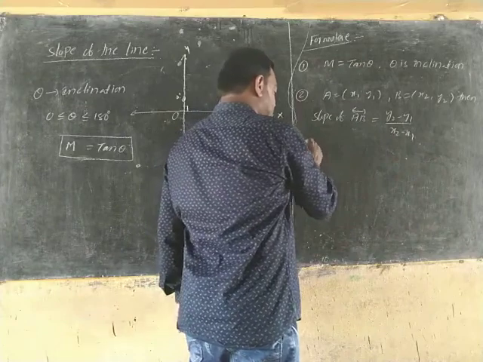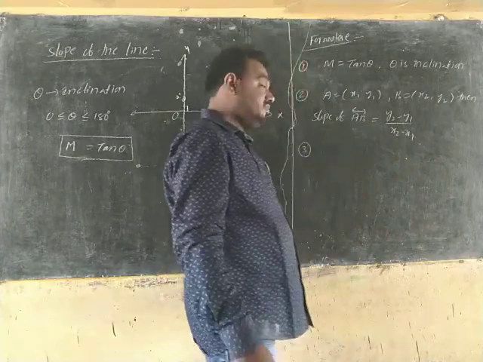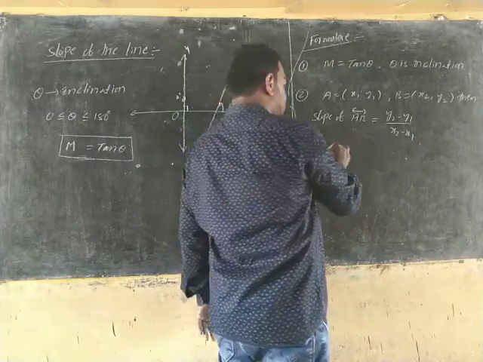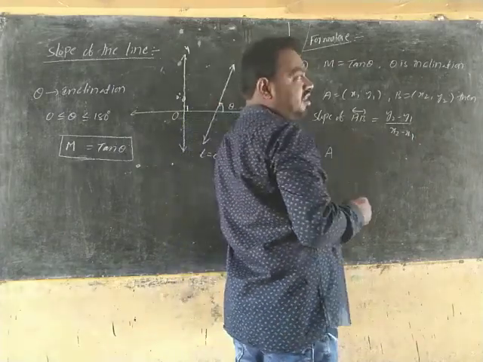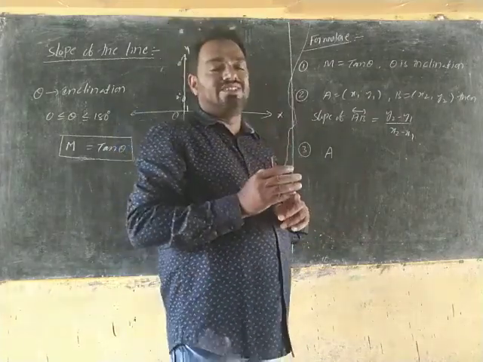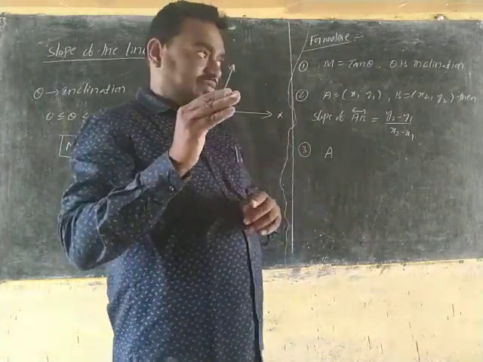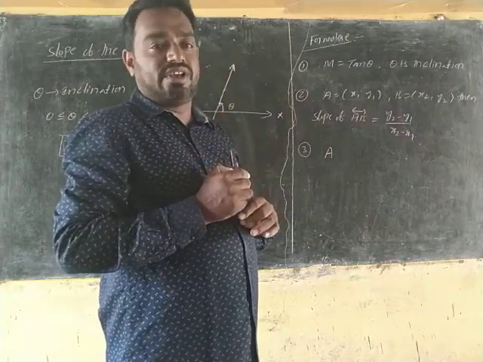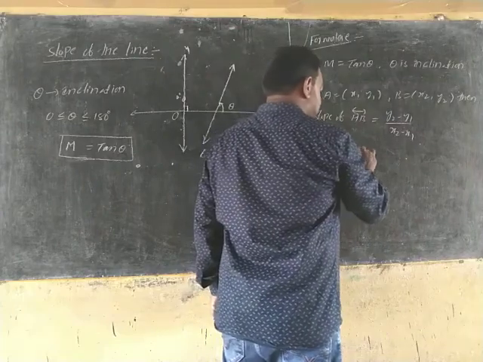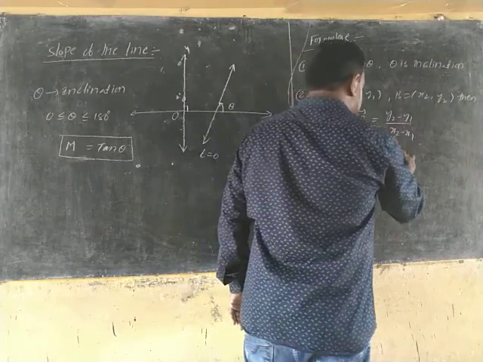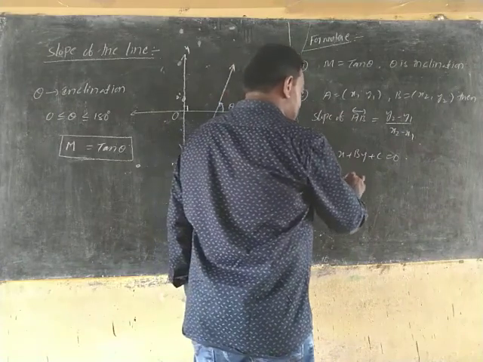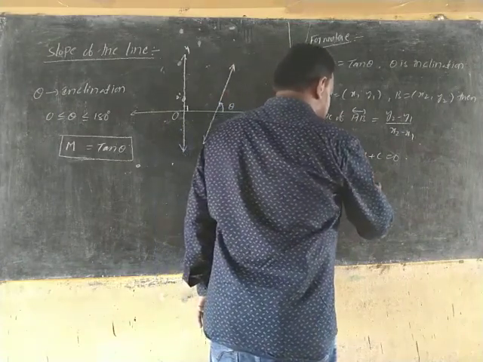Next, the third formula. If we know the line equation, the general form of the line equation, you remember the general form of the line equation is a linear equation only in the variables x and y. So the general form of the line equation is ax plus by plus c equals 0. Then the slope of this line is equal to minus a by b.